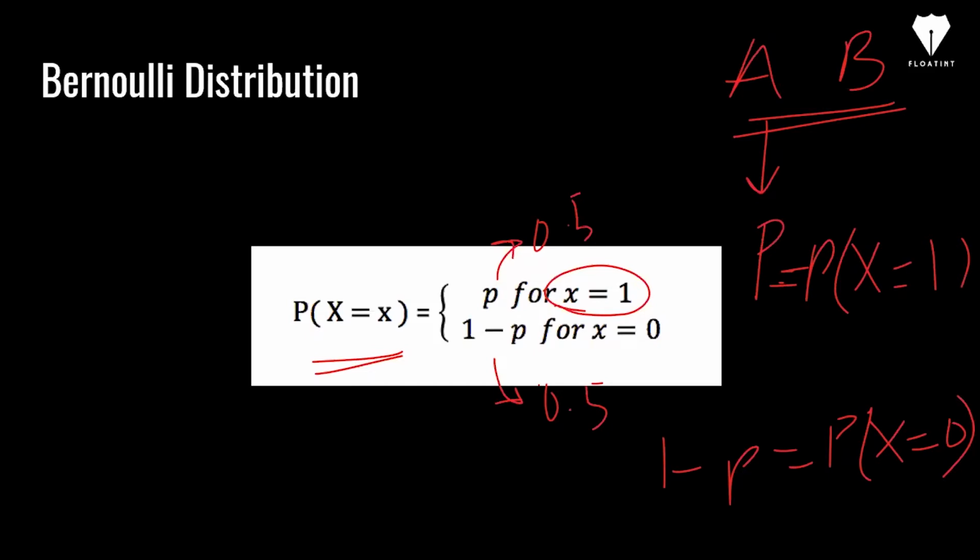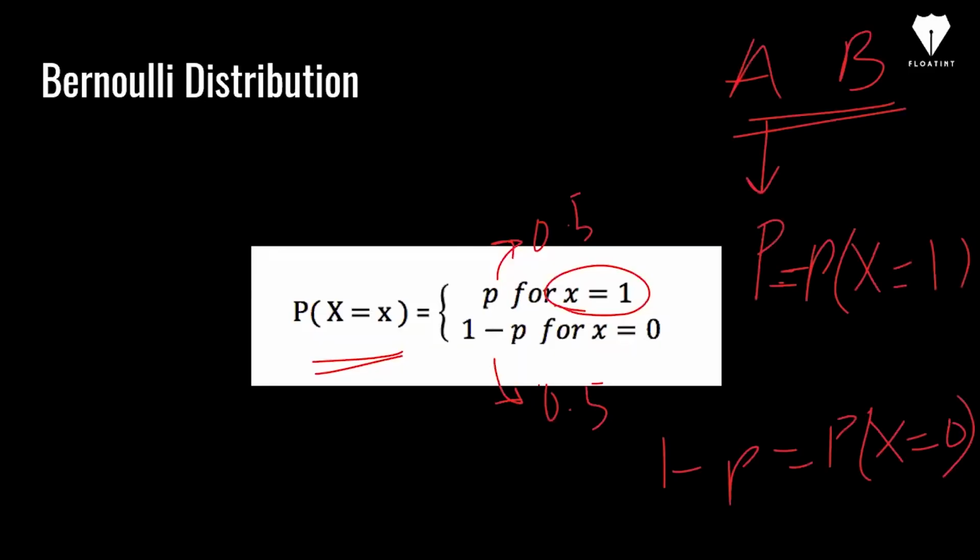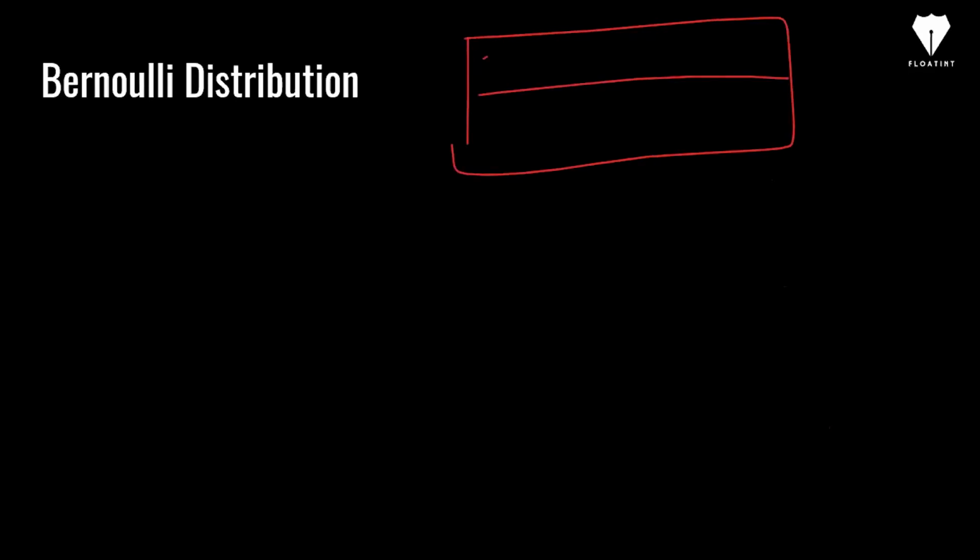I will show you simply how to calculate the expected value and the variance for this kind of random variable. Let's draw the distribution first. This is x, this is the probability of X equal to x, this is 0, and this is 1. This is 1 minus p, and this is p.